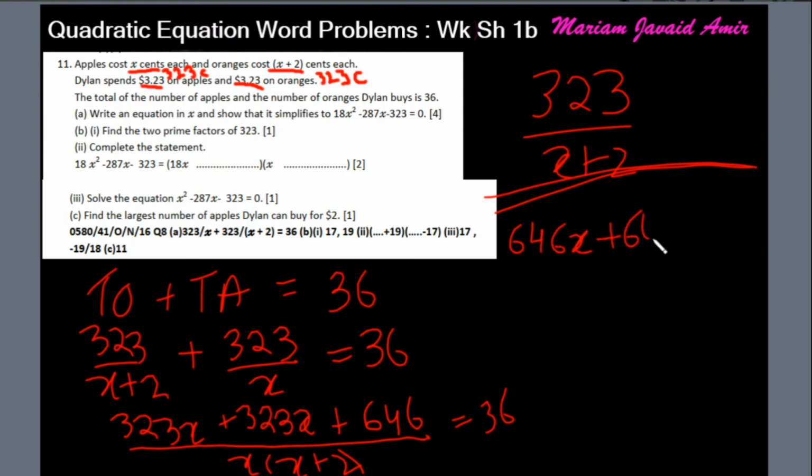Plus 646 equals 36x square plus 36 times 2, which is 72.